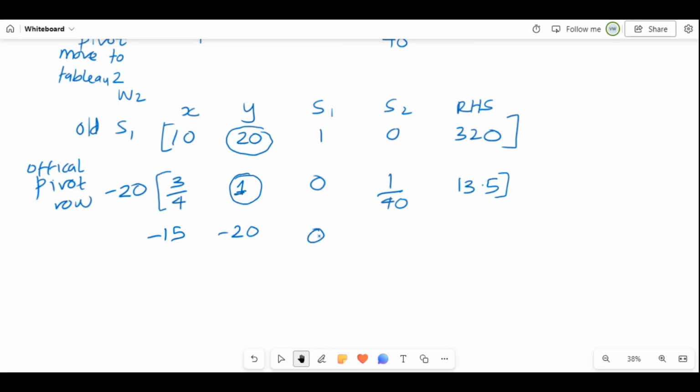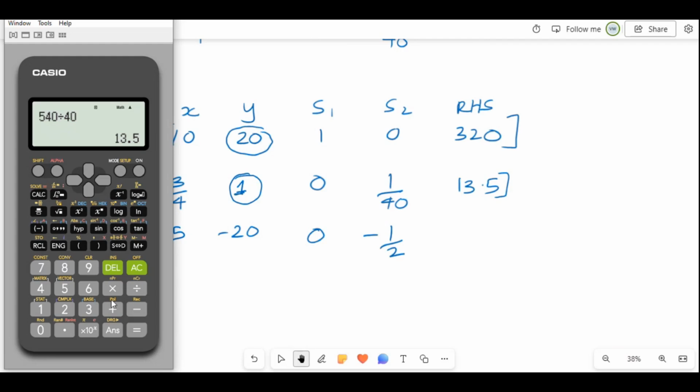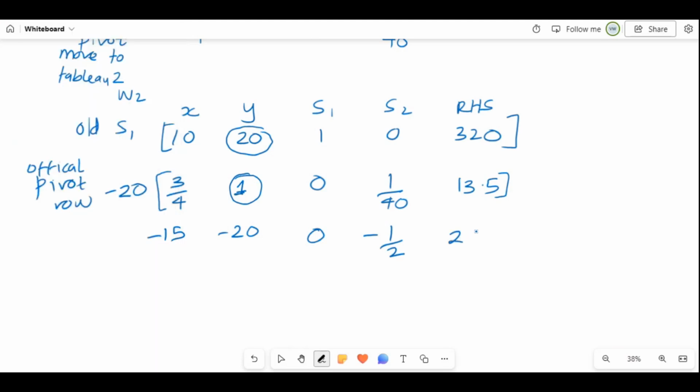Negative 20 times 1/40 is negative a half. Negative 20 times 13.5, that is 13.5 times 20, we get 270. So after doing that, now we can get the new S1.